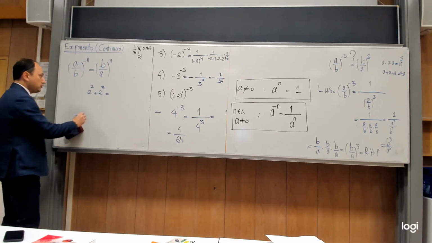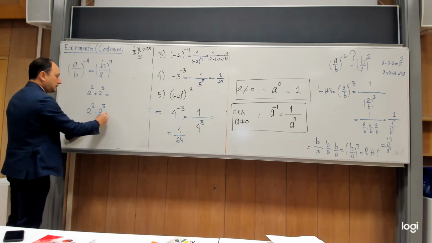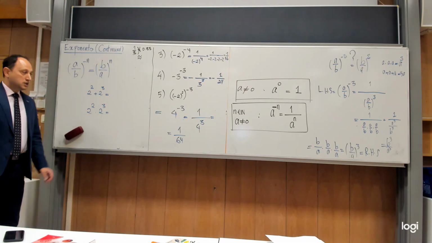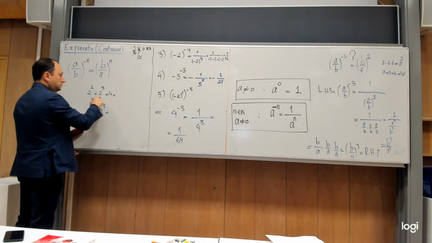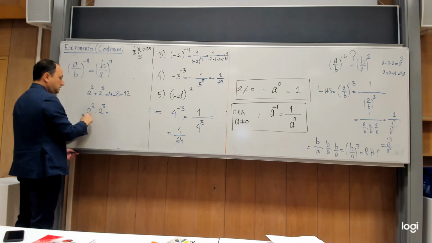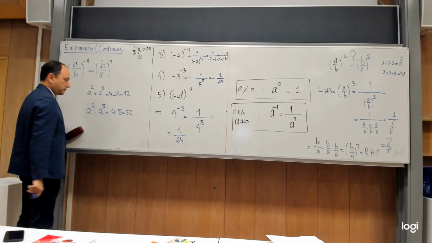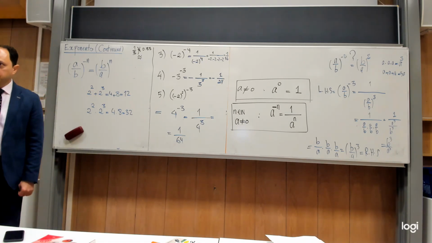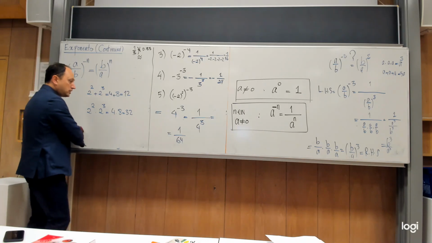If I give you this, you still don't need any extra rule. So what's the answer to this? It's 4 plus 8, which is 12. Here it is 4 multiplied by 8, it is 32. So you don't need any rules. Yes? But sometimes rules are important.